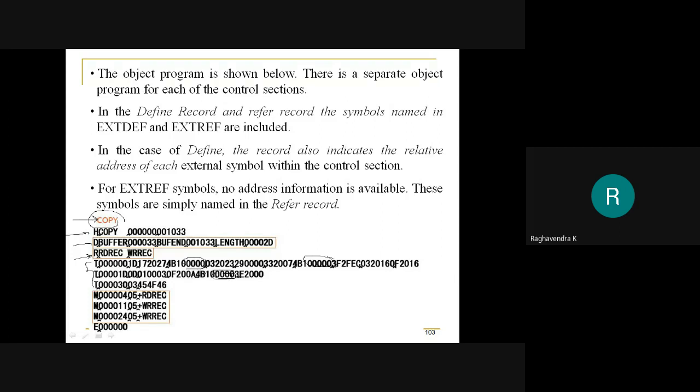And for these instructions, we have generated the modification records. Check this out. 3 instructions are there, and all 3 have modification records. The first one we need to add read record, the second one write record, the third one also write record, at different locations.